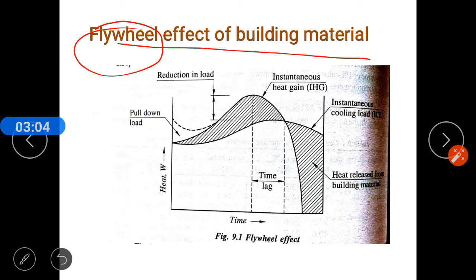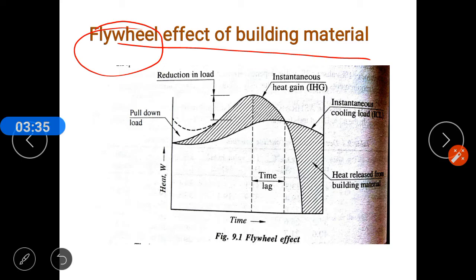The storage depends on first, the mass of the building material, and second, the specific heat of the building material. So the building material will be in a position to absorb the heat gain and release it later. This heat inertia of the building material is known as the flywheel effect or storage effect.